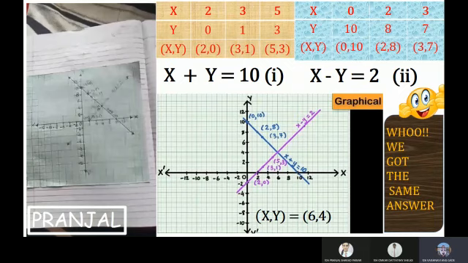So we can observe we have got the same answer. But remember, it isn't necessary that both the lines will always intersect. As we learned, they can be parallel, they can be coincident also. Coincident, by the way, simply means they are superimposing, they are on each other.